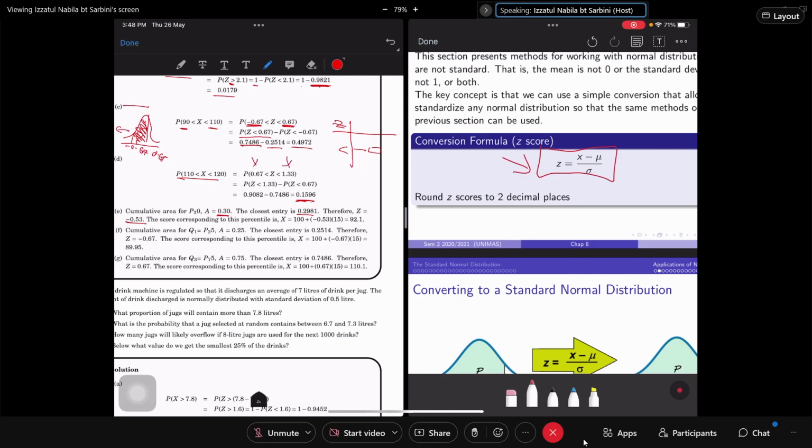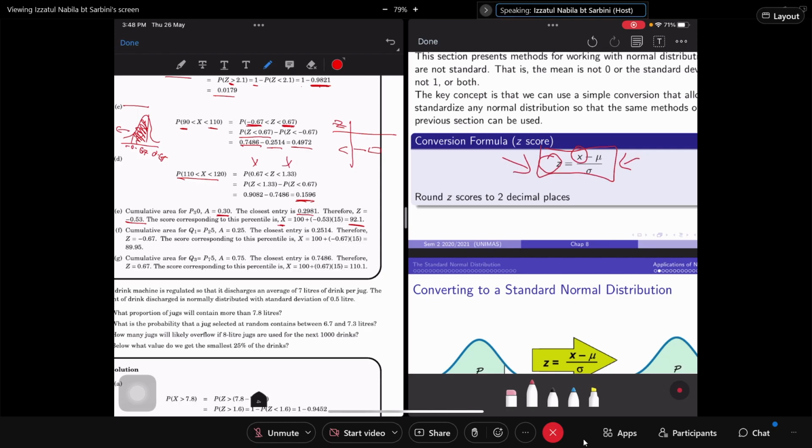And the score corresponding to this percentile, you convert back to the score using this conversion formula as well, but you manipulate it because you already have Z, but you want to know the X. So X equals 100 minus 0.53 over 15. So you get your X equals 92.1.